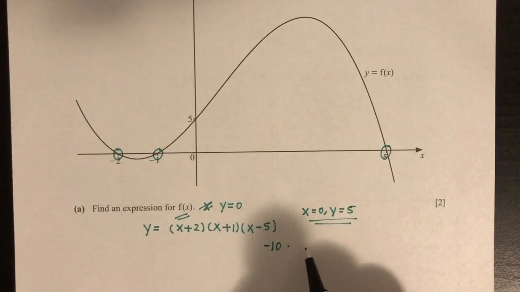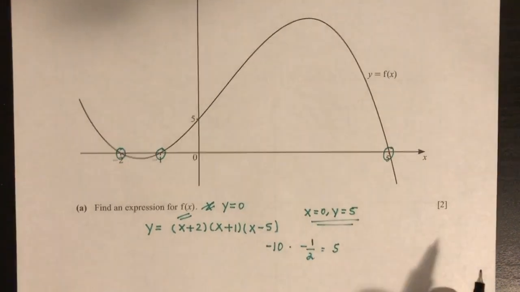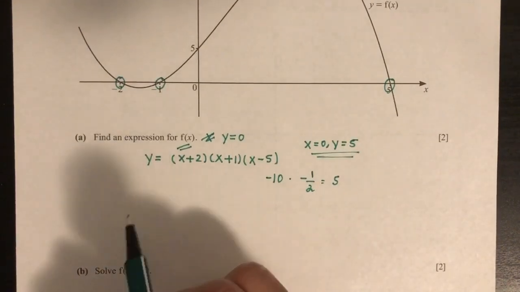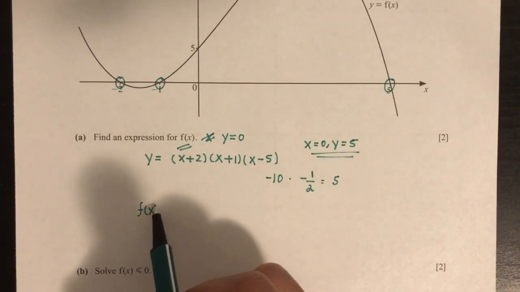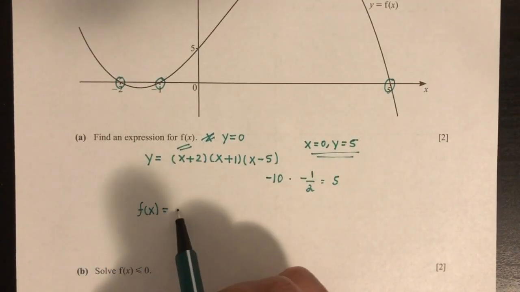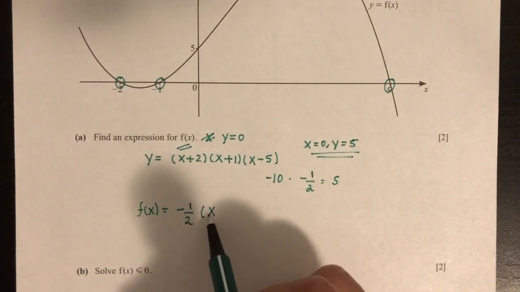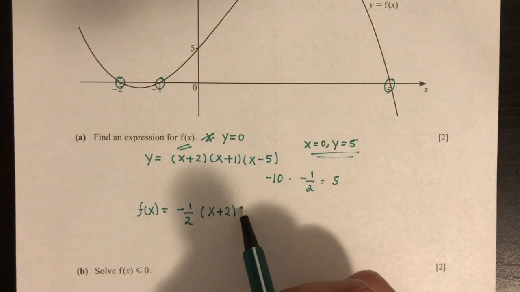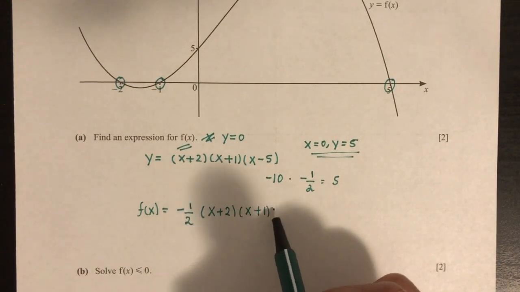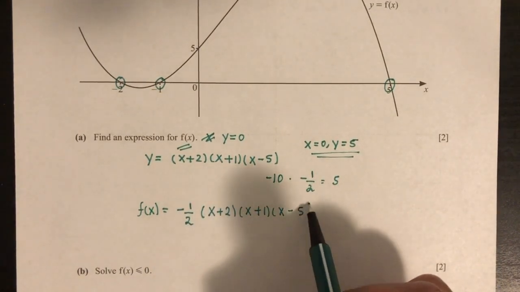You have to multiply this by minus half for it to become 5. So you take your equation and multiply by minus half of the rest. That will be x plus 2, x plus 1, and x minus 5.